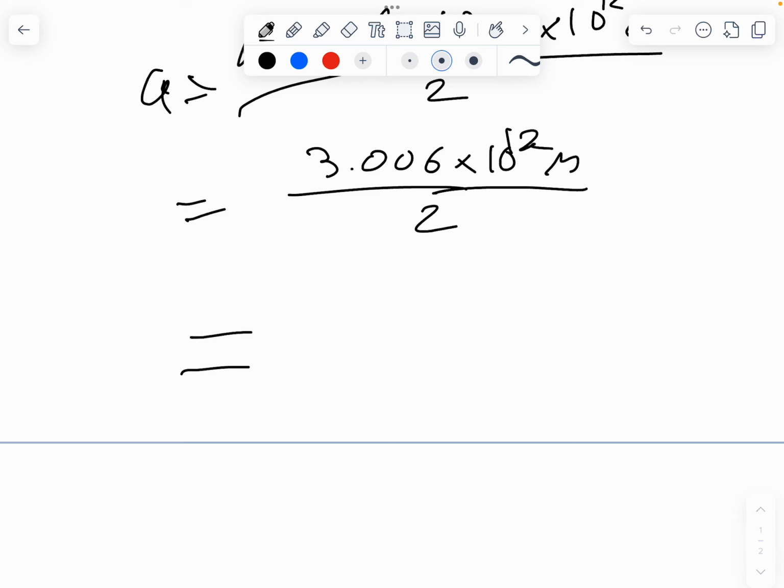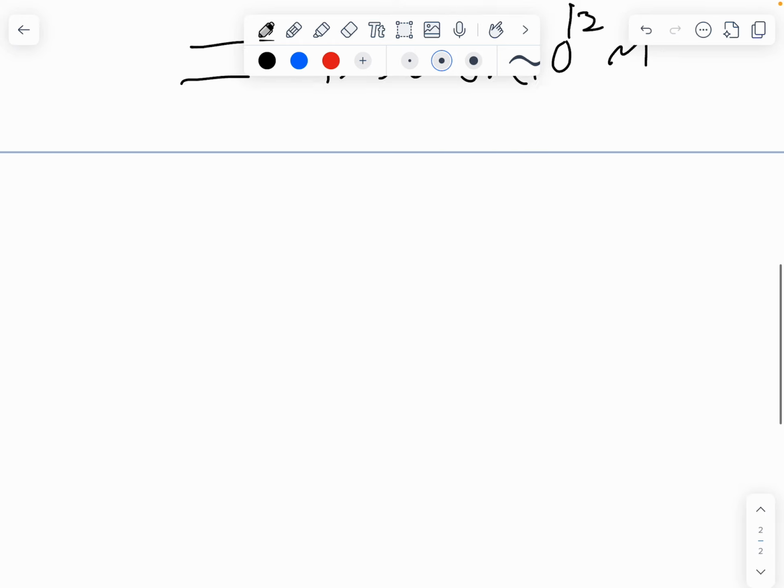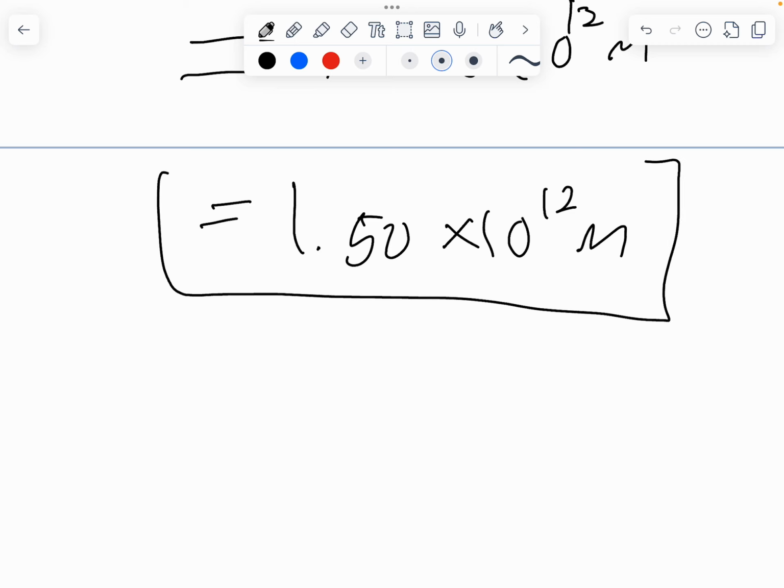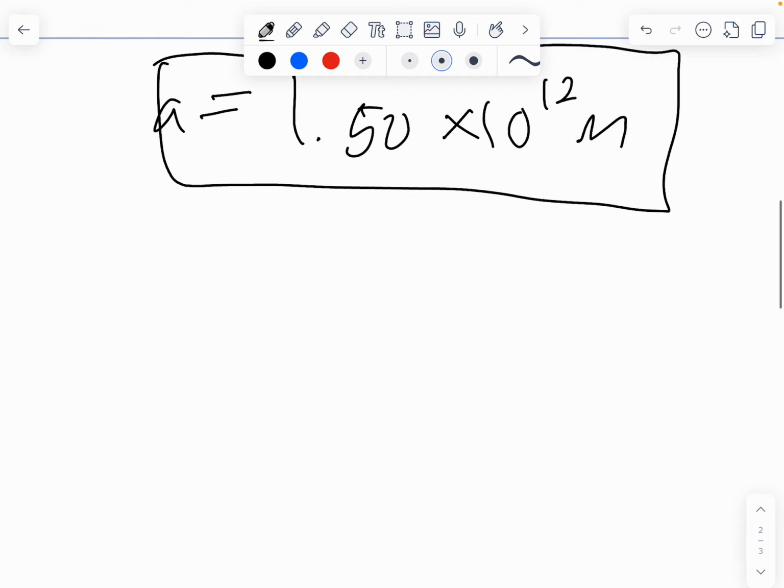If you do the math on the calculator, that would equal 1.503 times 10 to the 12th power. Since we are using sig figs, it would be 1.50 times 10 to the 12th power in meters. That is the semi-major axis. That was simply part A.